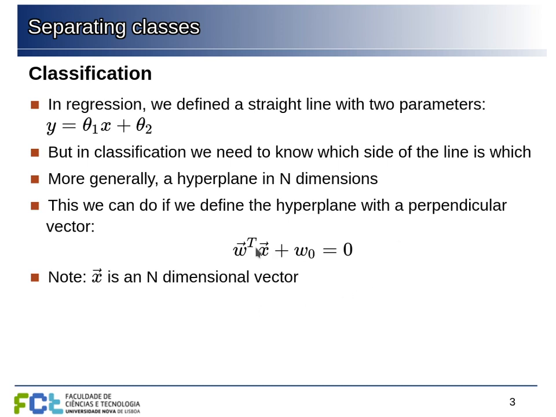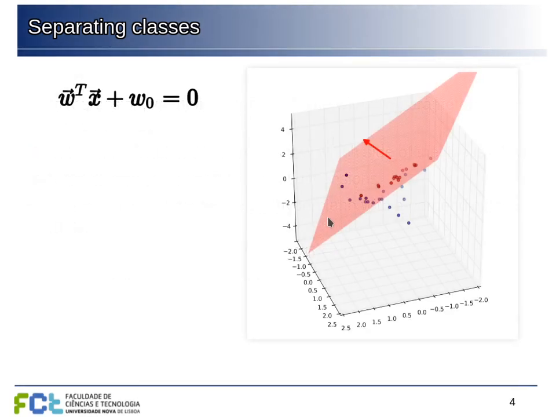So this x here is an n-dimensional vector with the features of our examples. We have this by adjusting these parameters. This vector w here is the vector perpendicular to the plane. And then we have a constant here that determines if the plane is higher or lower. And this expression is equal to 0 for any point that lies on this plane.